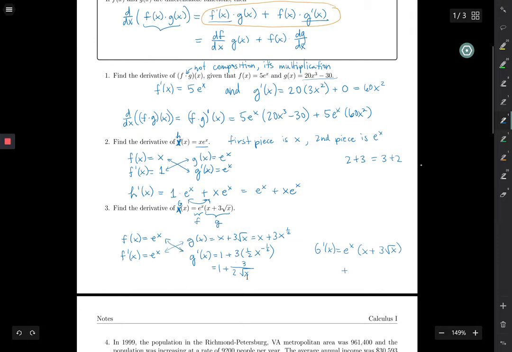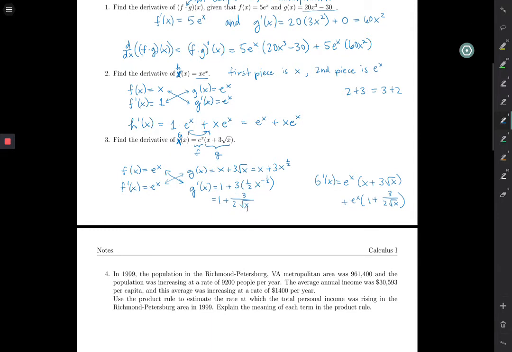So that'll be e to the x times 1 plus 3 over 2 root x, like that. Okay, so that is your answer for that one.